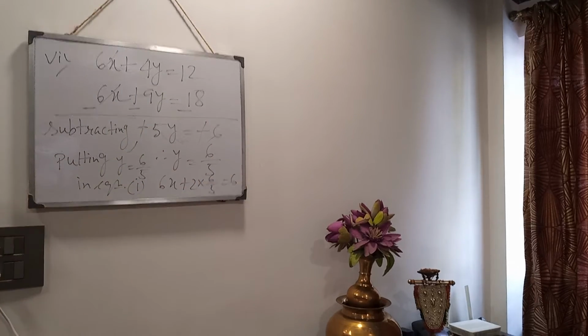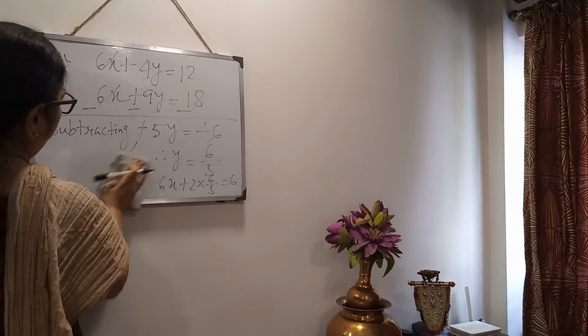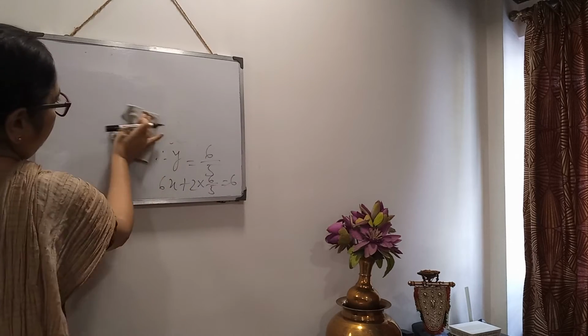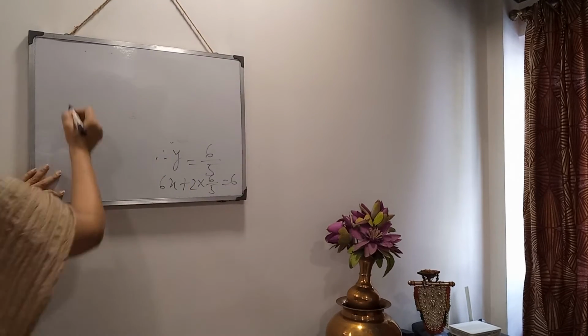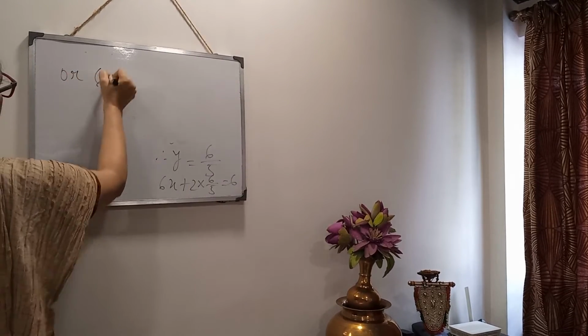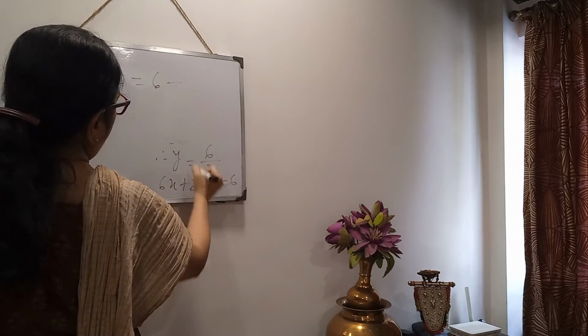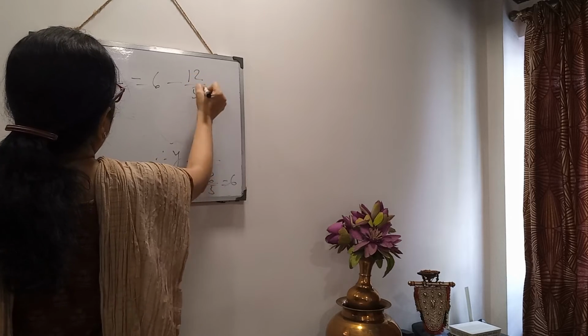Now from here I will calculate the value of x. 6x equals 6 minus 12 by 5.